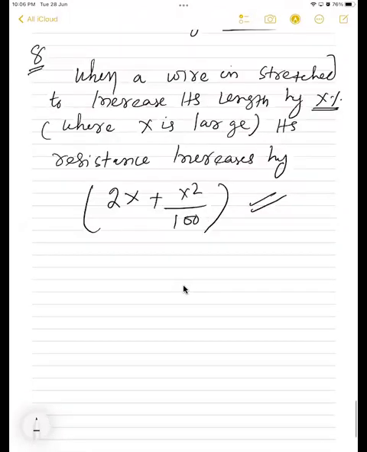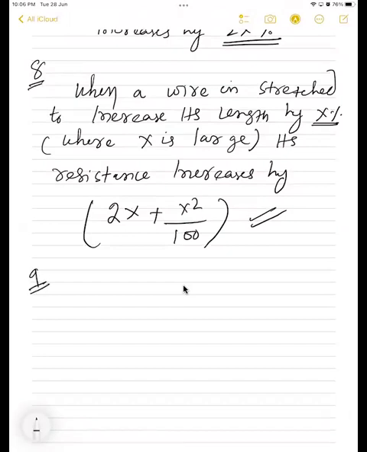Getting my point? This is number 9, the last part of the synopsis, then we'll do the numericals next class.